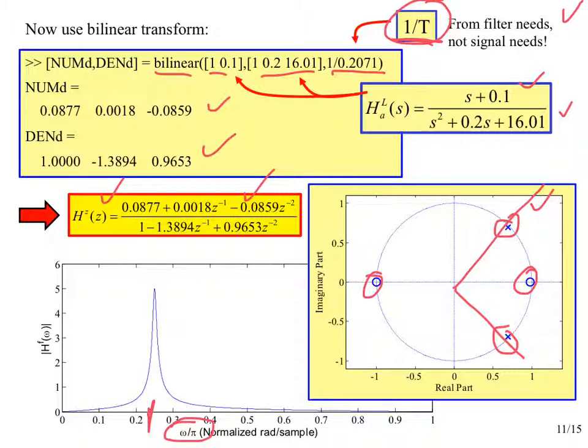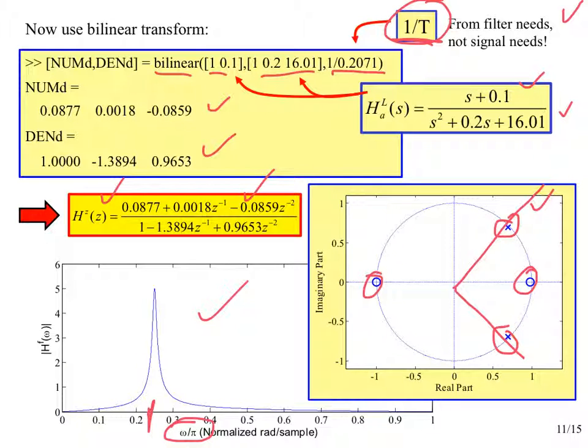And so if you compare this filter to the continuous time version of that, you'll see that we did a good job at transforming this. And in fact, we did get a resonant peak at the frequency that we want.